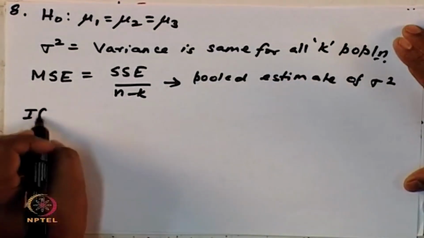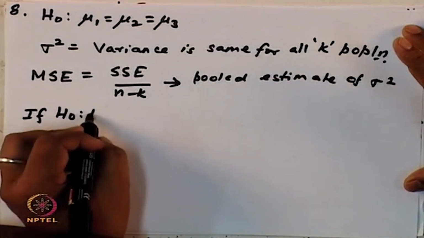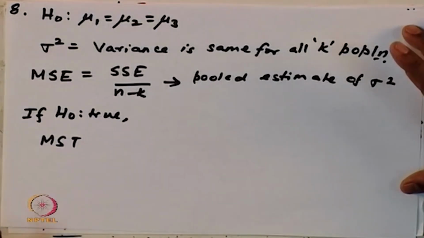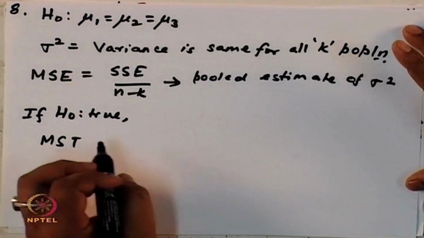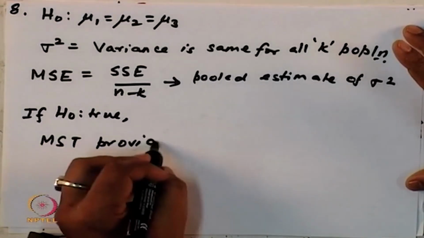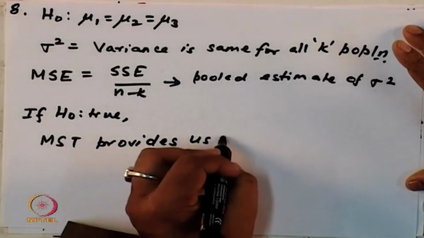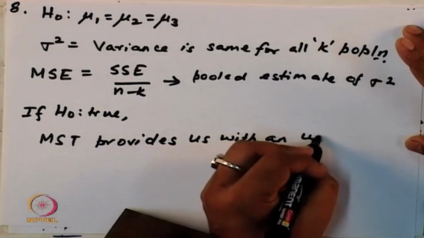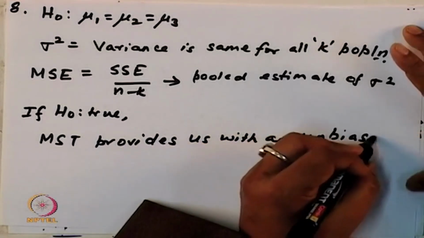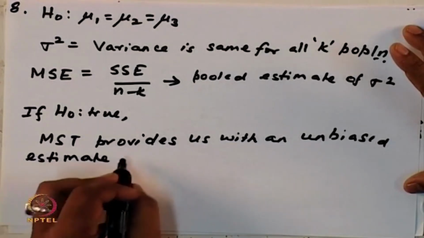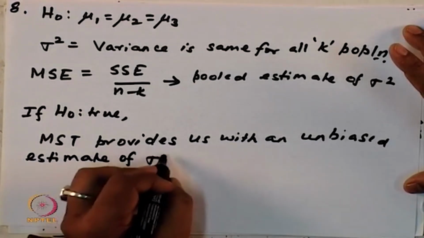So, if H naught is true, then MST also provides us with an unbiased estimate of sigma square.